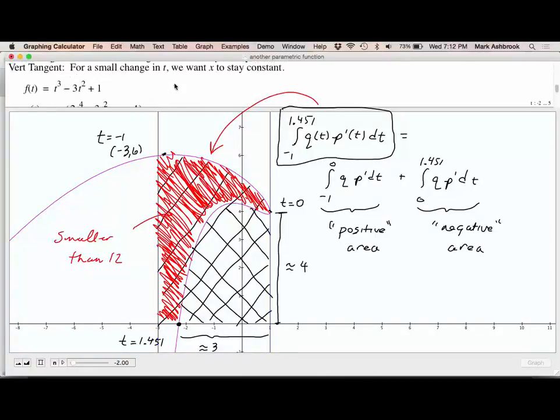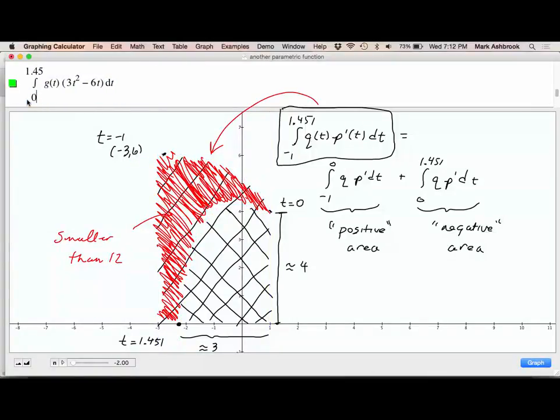I think I already did somewhere. Here. So we want from 0 to 1.451. Why doesn't it give me something?